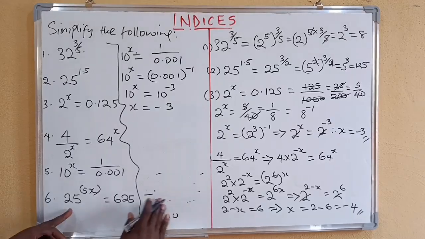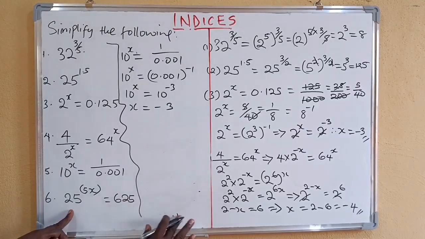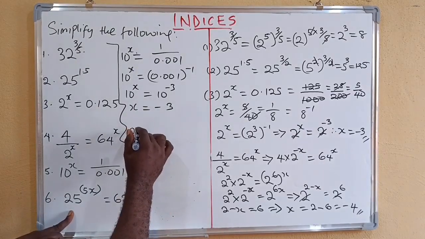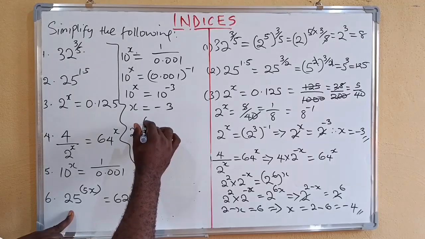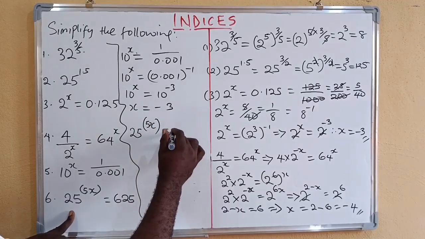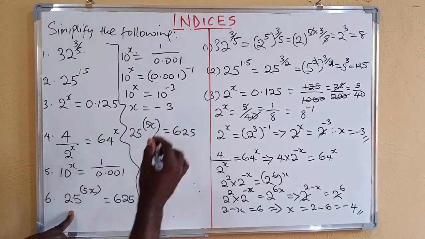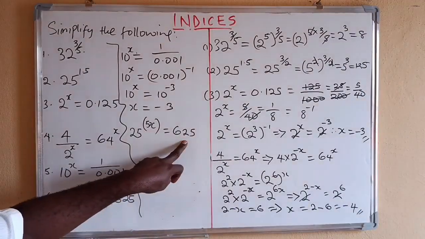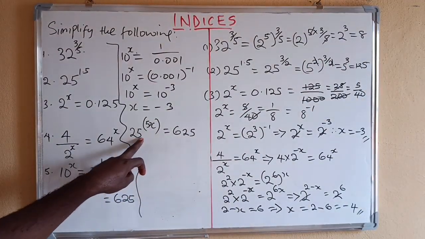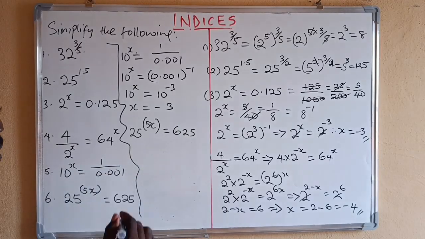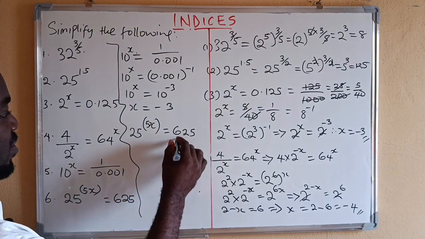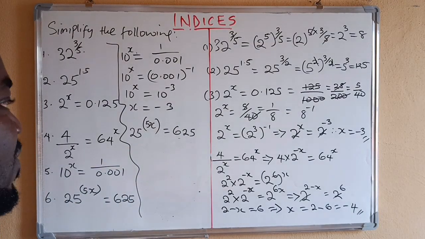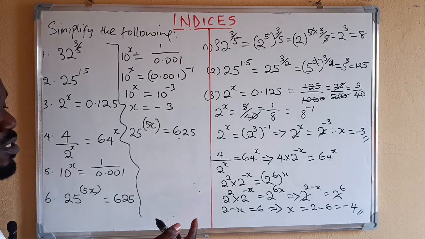Now the last one, which is number 5, you have 25 to the power of 5x will give you 625. Now this is 25, this is 625. So 625 is a power of 25. So I'm going to raise 25 to the power of 2.